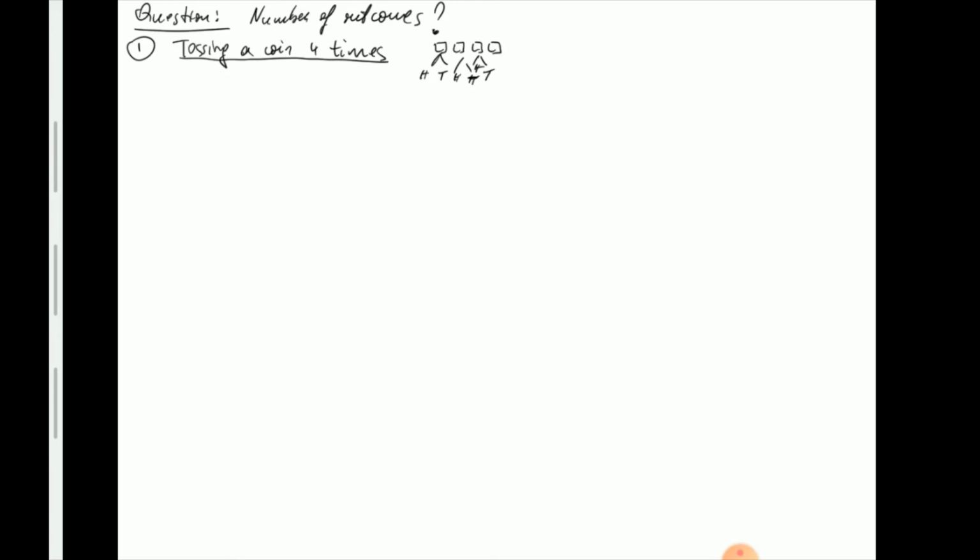Now, what I want you to aim for is not to actually write down all the possibilities like I did here, but just to realize that each toss has two possible outcomes. So if you toss it 4 times, then by the multiplication principle, the number of outcomes is 2 times 2 times 2 times 2, which is obviously 16.